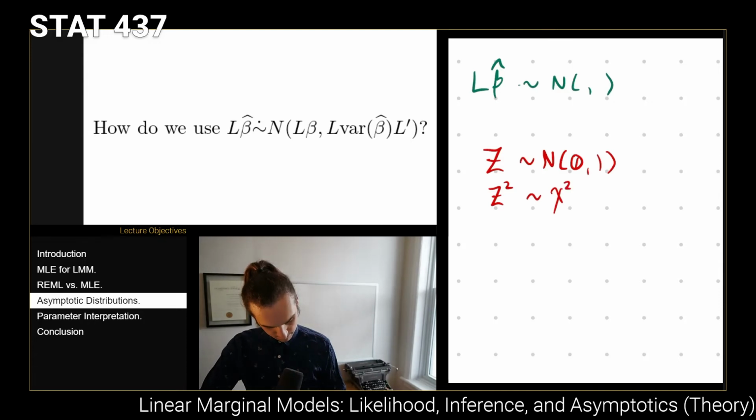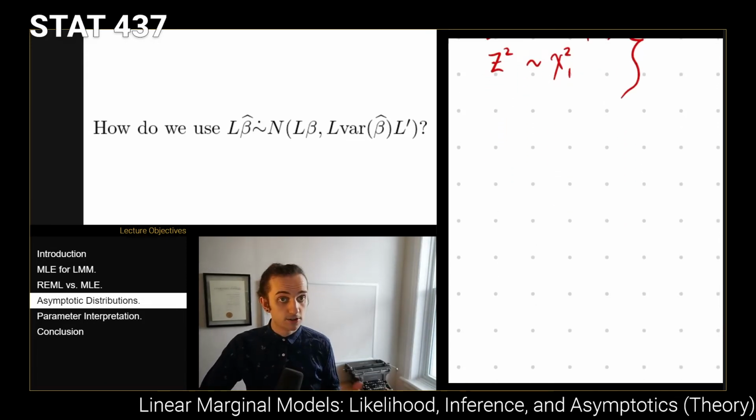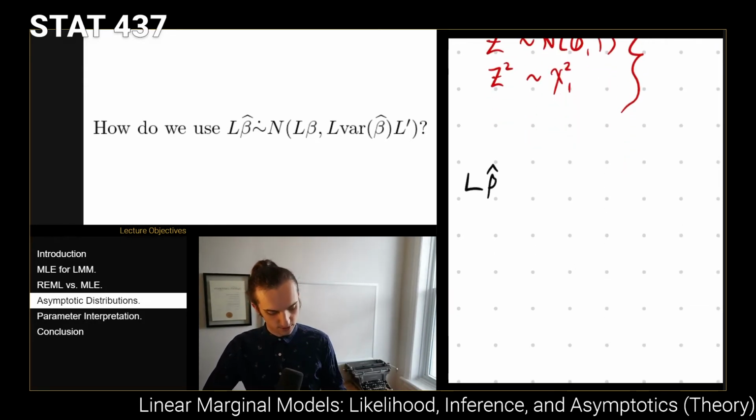Okay, so this is a result that you should remember from an intro stats course, for instance. A similar result happens if we're talking about multivariate normals, right? So if we think about, instead of taking z to be standard normal, well, we have L beta hat follows a normal distribution with a mean of L beta and a variance of L variance of beta hat L transpose.